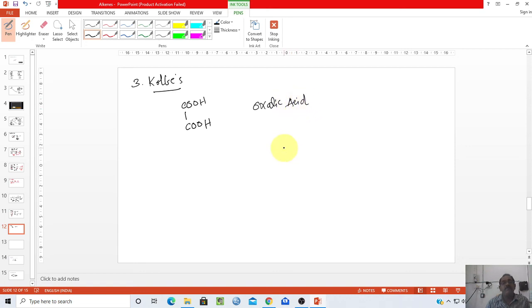What is the IUPAC name? How many carbons are there? Two carbons, so the parent is ethane. If it were one acid group, we would say ethanoic acid, but there are two carboxylic acids, so ethanedioic acid. That is the IUPAC name. Now the next higher formula, like this. How many carbons?